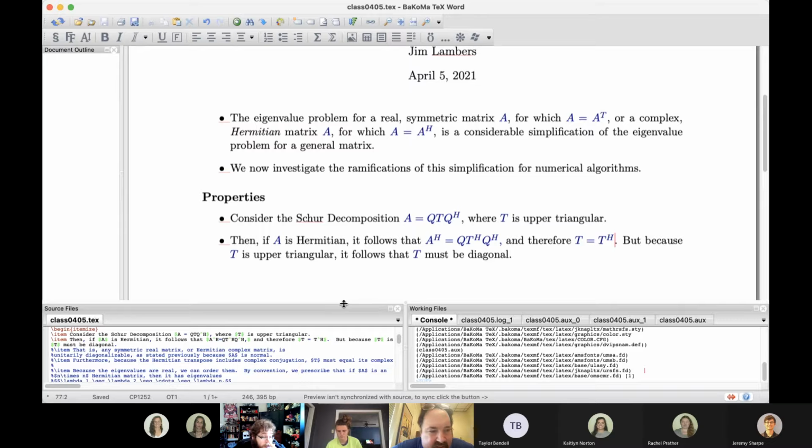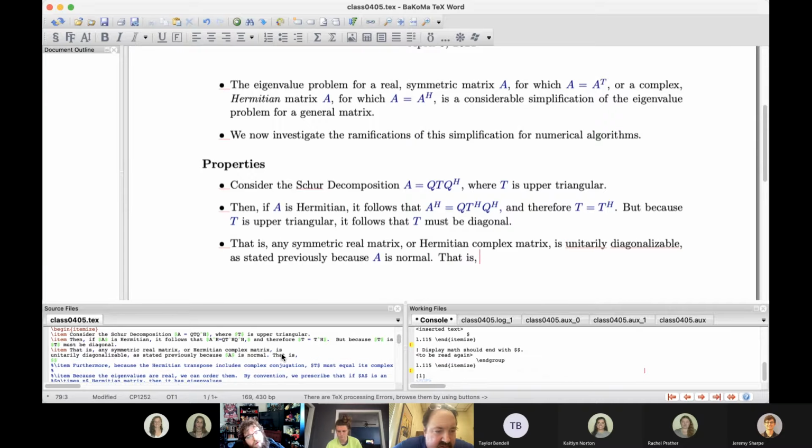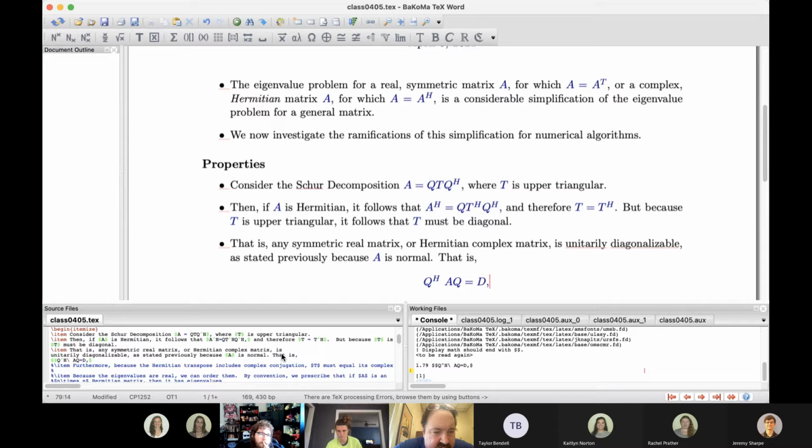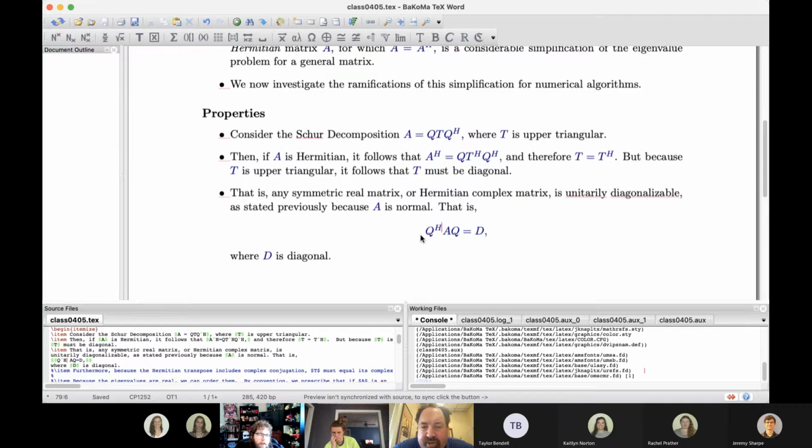So what we end up getting is this situation: the upper triangular matrix T reduces to this diagonal matrix D. And this is a similarity transformation that yields a diagonal matrix.